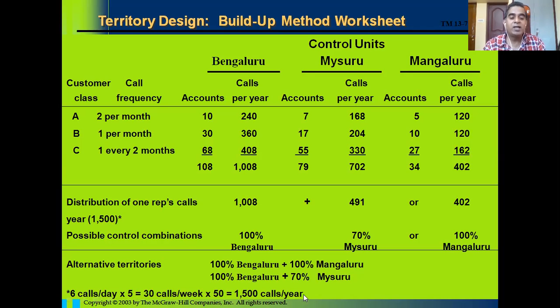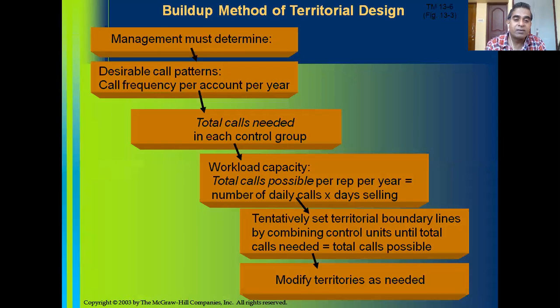So approximately a sales representative can make 1,500 sales calls per year. That is what we did just now. Workload capacity: we determined how many total calls are possible per sales rep per year. So each sales rep can make 1,500 sales calls per year.